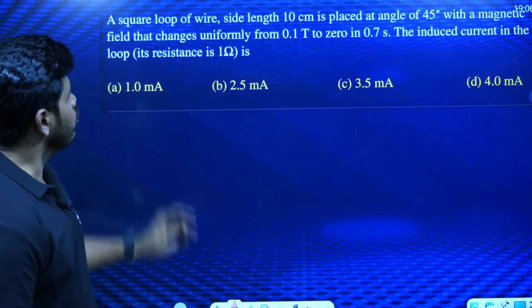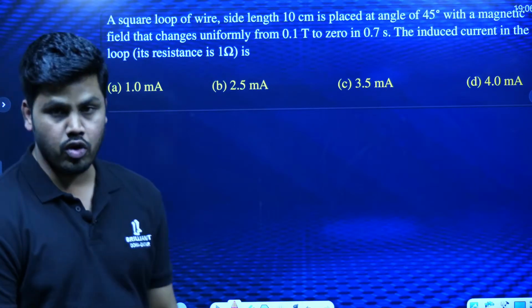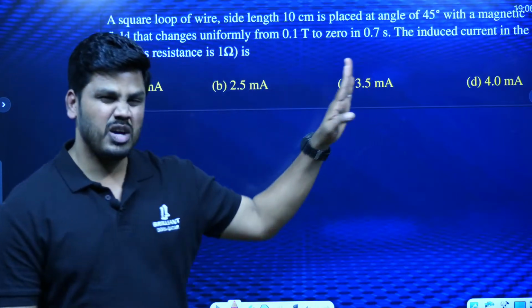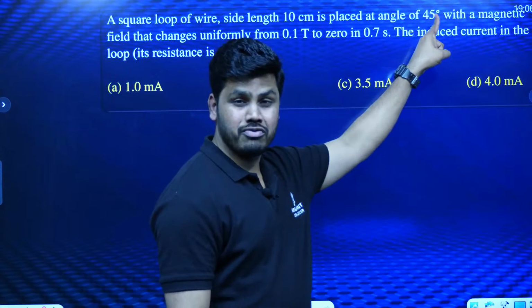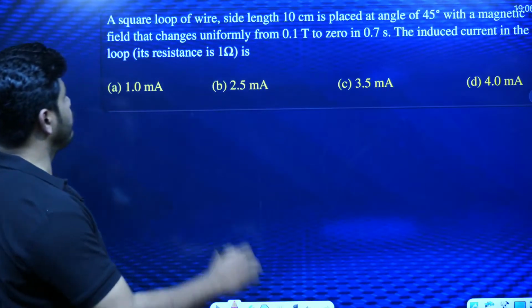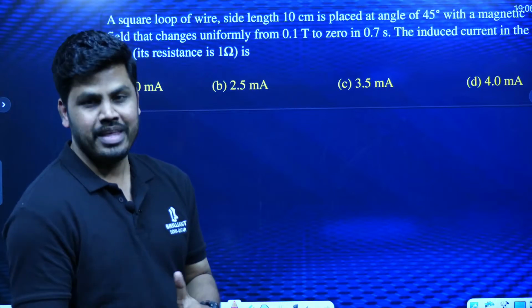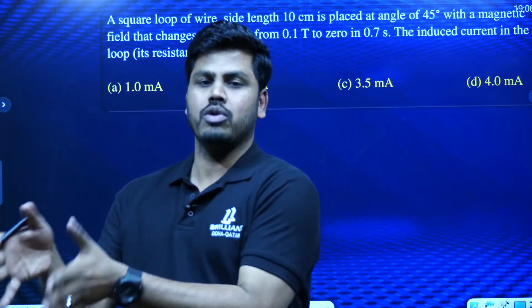Look at that. A square loop of wire, side length of 10 centimeter, is placed at an angle of 45 degree. Remember that the loop is kept in a particular way in the magnetic field. It makes an angle of 45 degree with the magnetic field that changes uniformly from 0.1 Tesla to 0. So the magnetic field is decreasing from a particular value to 0.